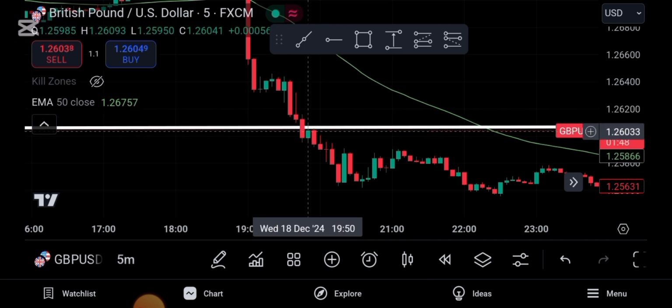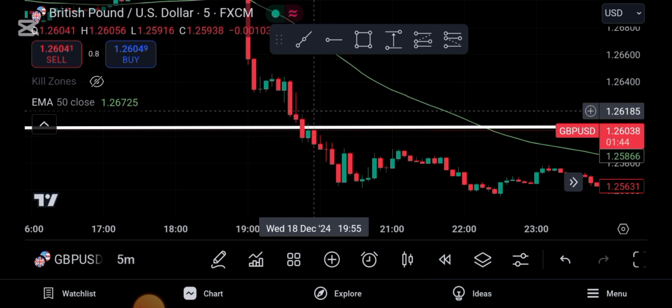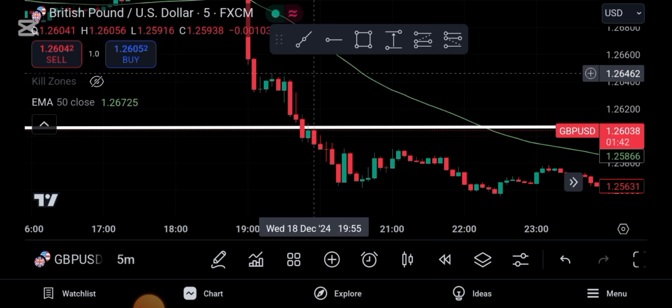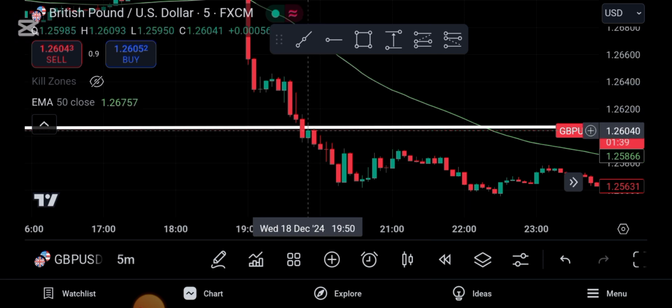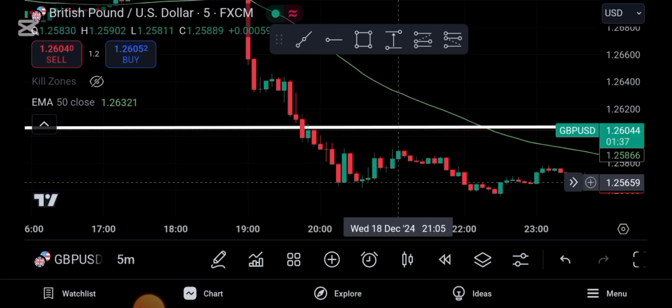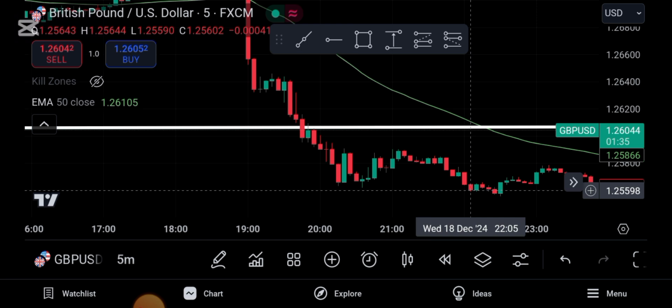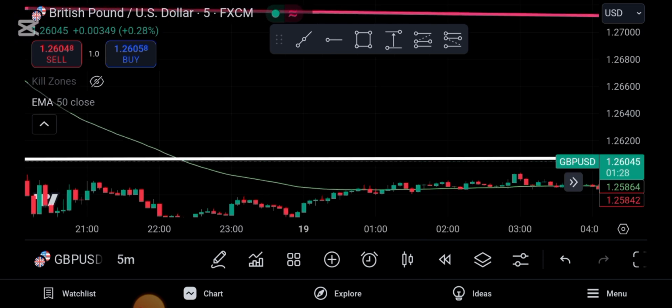So that is an opportunity to enter a trade at that moment. Put your stop loss here, or you can put it there just to be safe. And then the market went down and went some more down. You could have benefited from this trade just from that breakout alone.